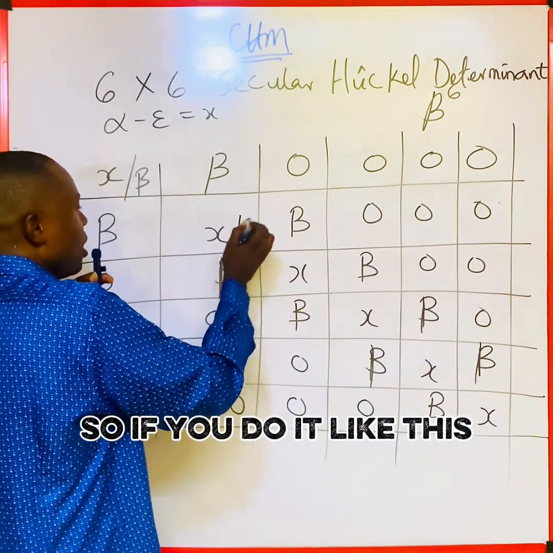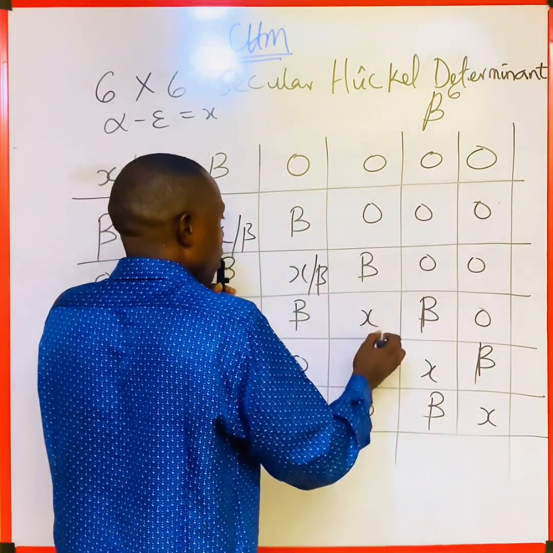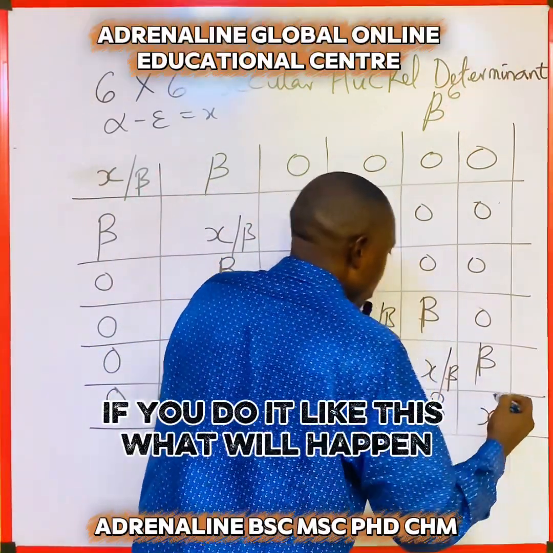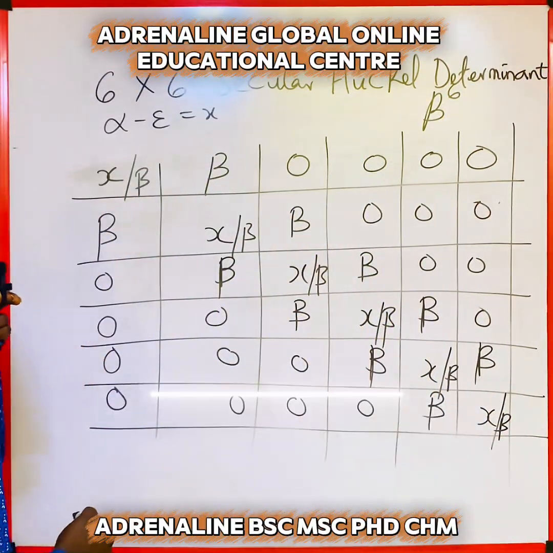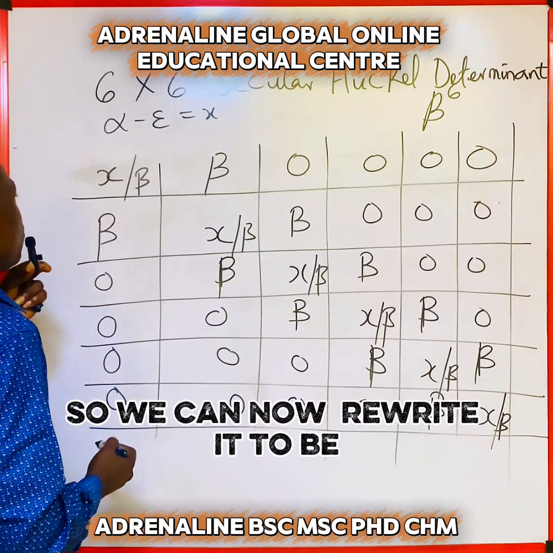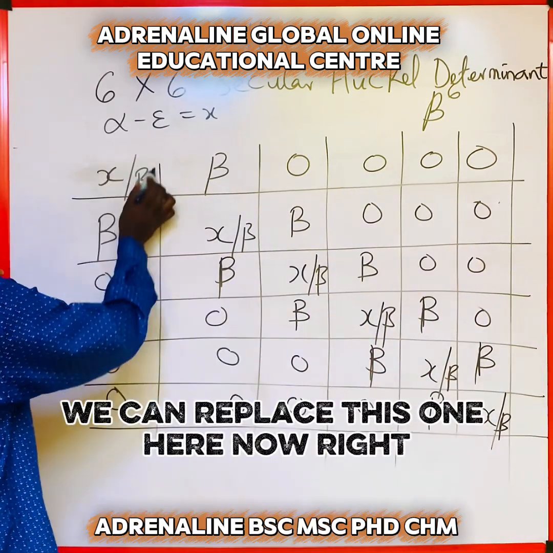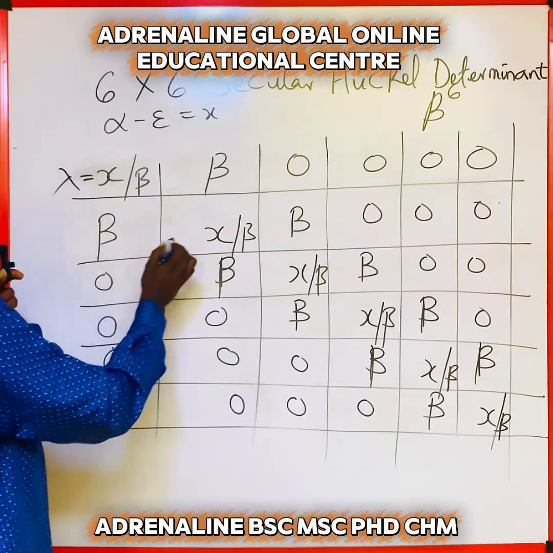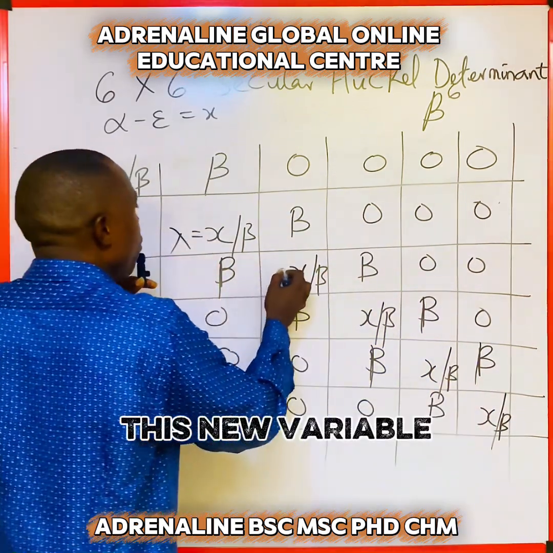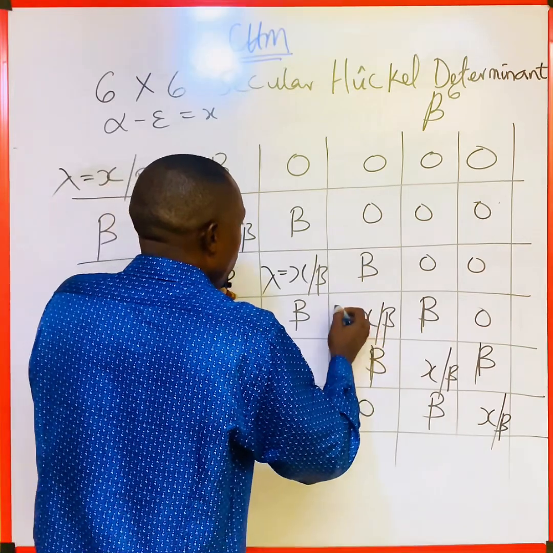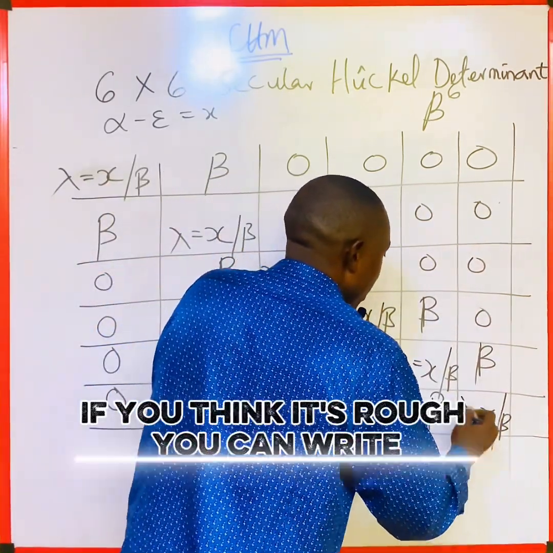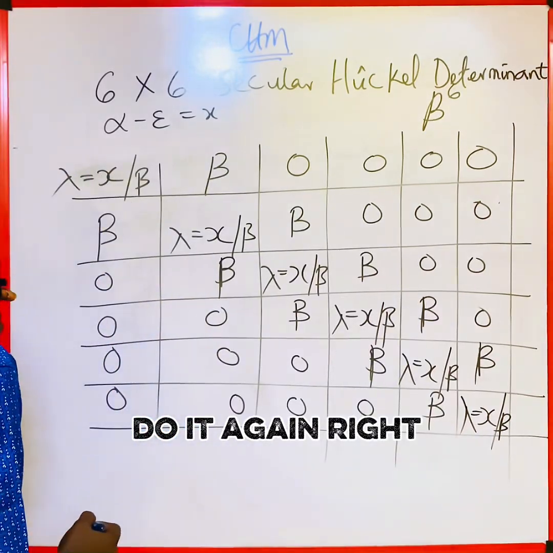So if you do it like this, what will happen? We can rewrite it and replace this one here with this new variable. With this new variable, if you think it's rough, you can do it again, right?